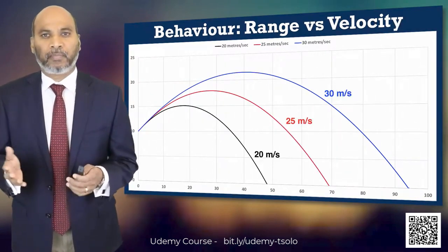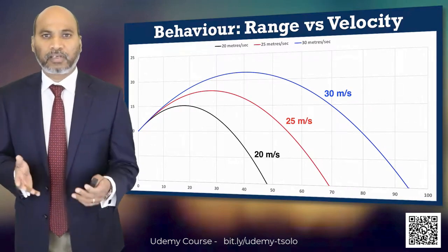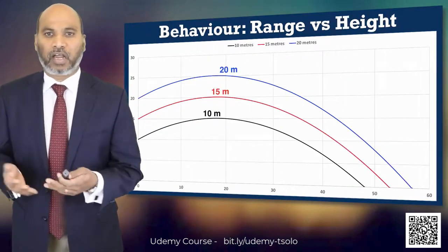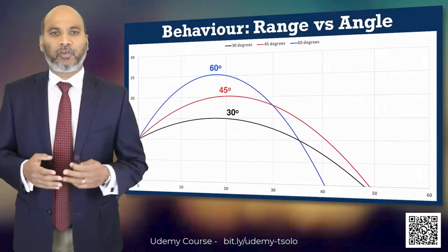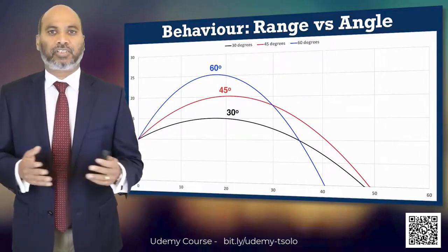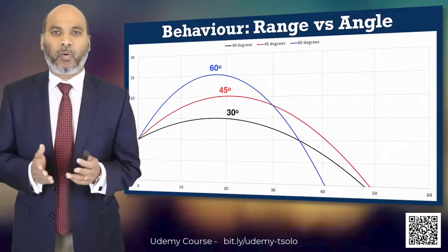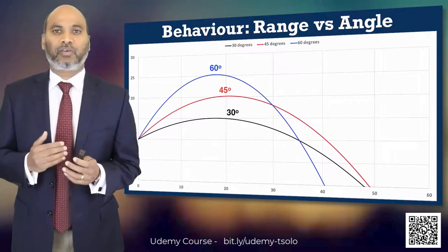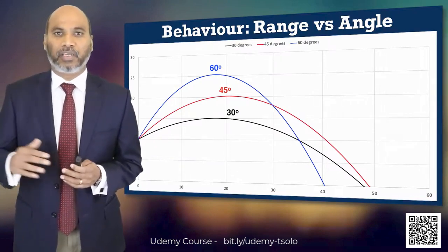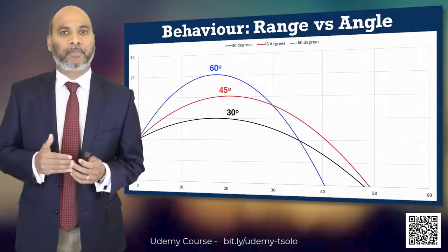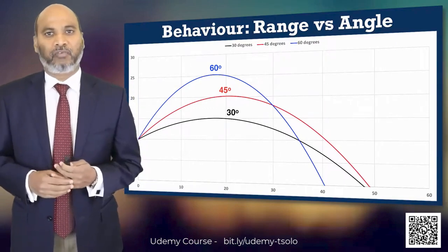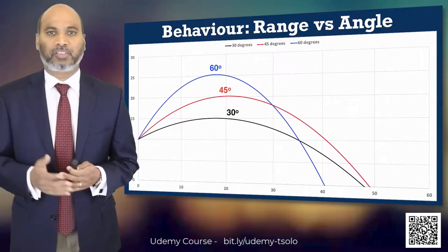The velocity drives range differently than how the height drives the range, and if you change the angle, it is totally different. There is a maximum point for the angle. That means if you keep on increasing the angle, at one point the range starts going back or shortening. As you can see, 45 degrees has the maximum here in this particular case.